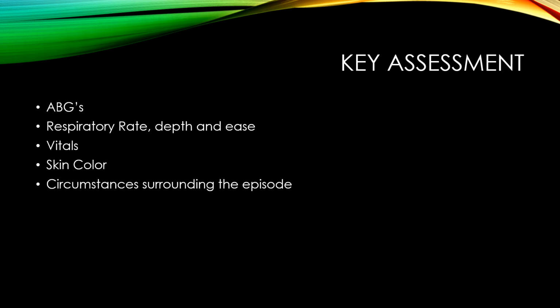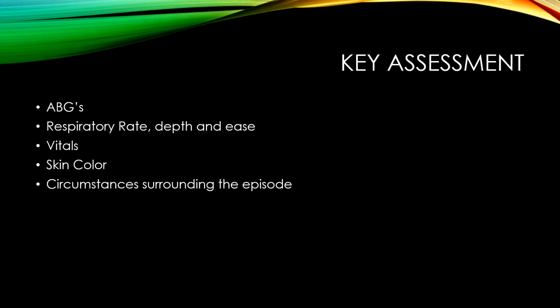Now, after assessing our ABGs, there are some other key things that we're going to look at that are going to point to what we need to address. And this is going to include our respiratory rate. We expect that the respirations are going to be high and shallow at first. And this is because the patient is going to be exhaling more than they're inhaling.